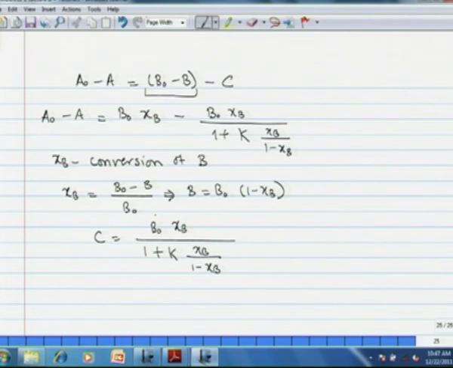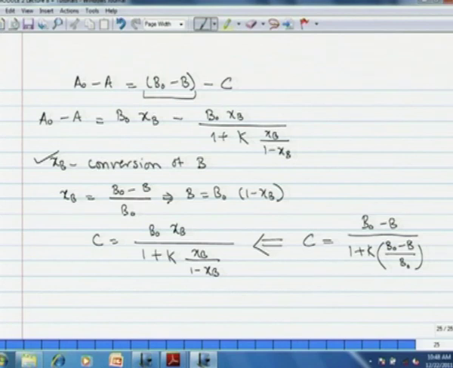So, this is essentially the transformed form of what we wrote earlier, that C was equal to B naught minus B divided by 1 plus K into B naught minus B divided by B naught. So, what we have done, the previous expression we have transformed in the form of the conversion of B, XB. Okay.